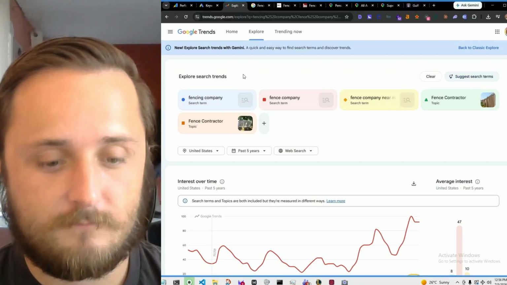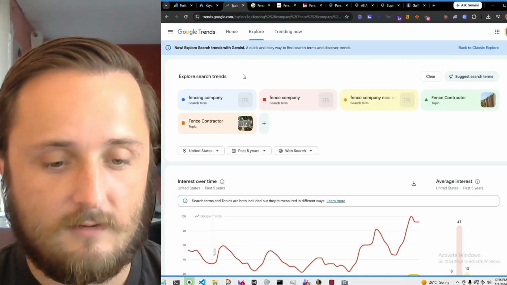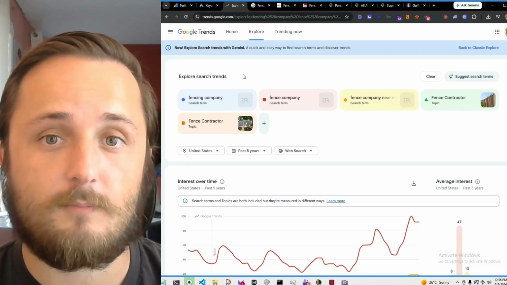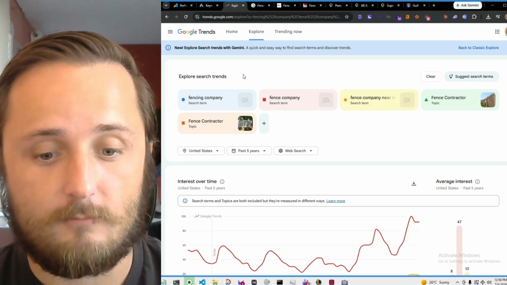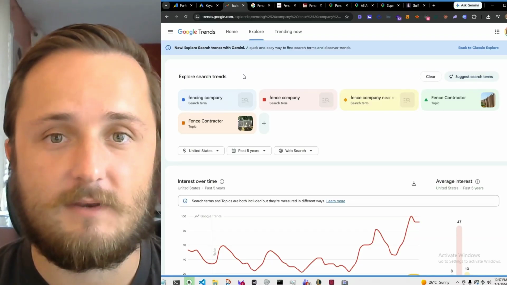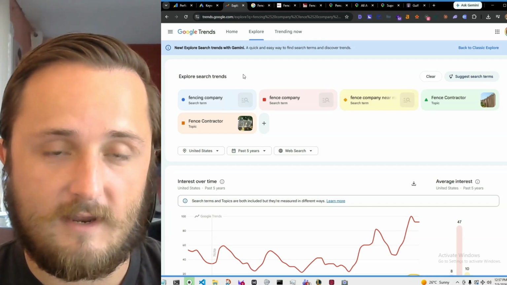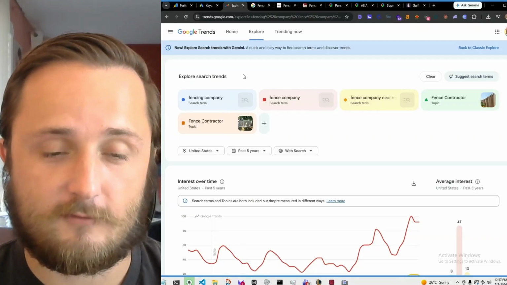Not only do we need to target keywords that are going to get traffic, we also need to be targeting keywords that are going to be converting people for my specific service. If I am a fence company, I want to have fence related keywords that convert for my specific service.